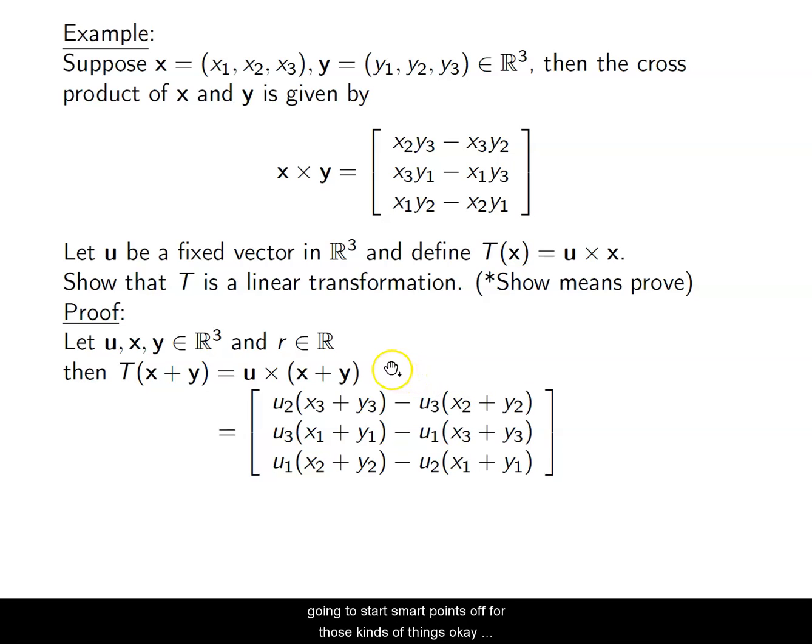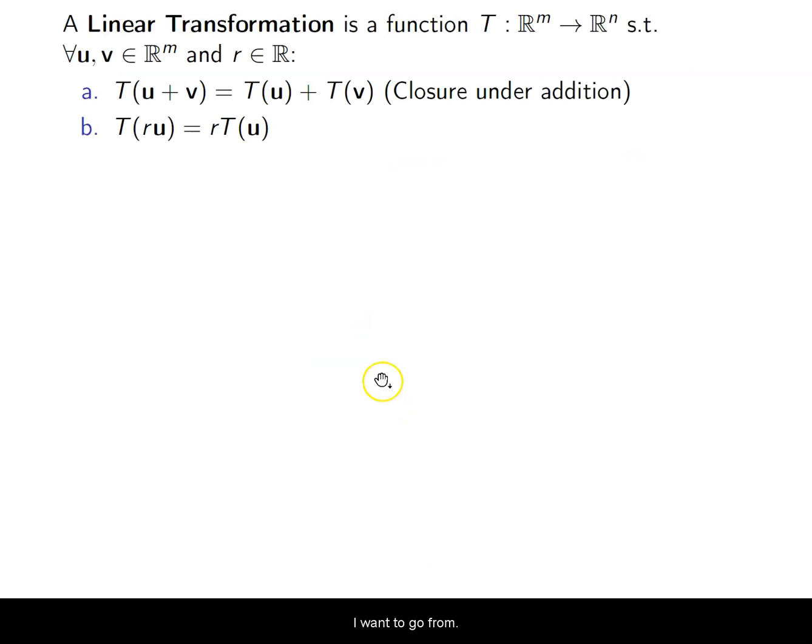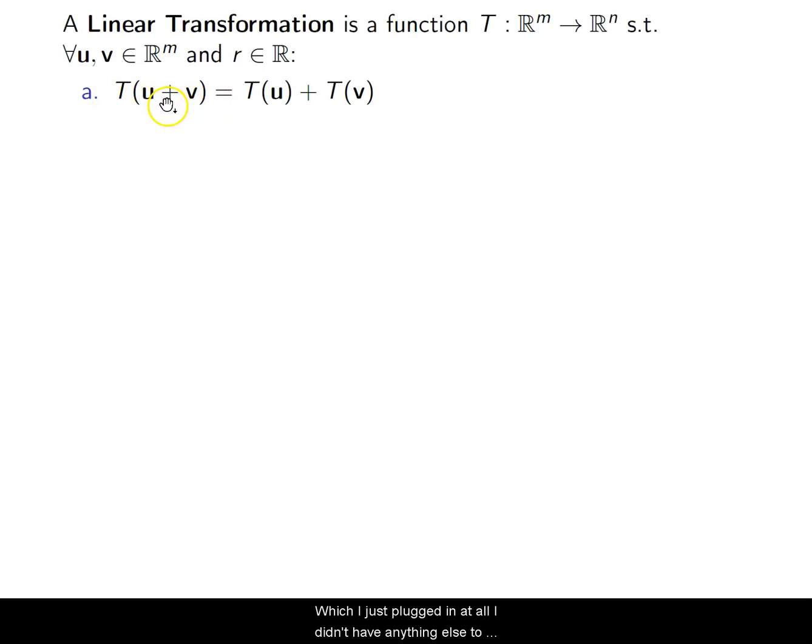So my goal here, as I simplify, is to go from this thing, which I just plugged in, that's all I did, I haven't done anything else to it, and simplify to the point where I can separate everything into two different sums that mean the same thing as plugging in one of those vectors and cross producting with u, and plugging in that second vector y and cross producting with u.